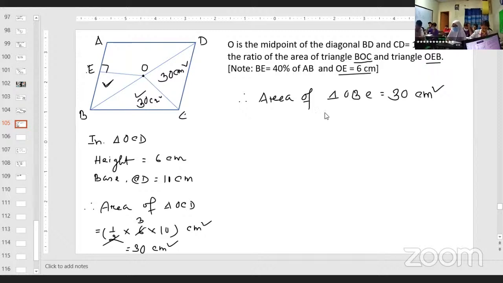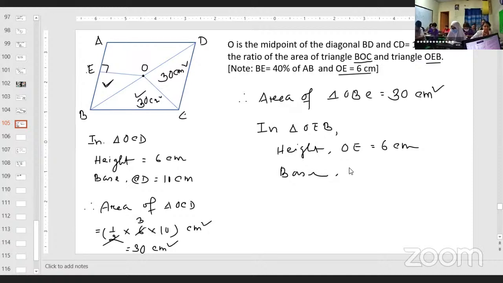Now about triangle OEB, right? In OEB, height OE is equal to 6 centimeters and base BE is equal to 40% of AB.